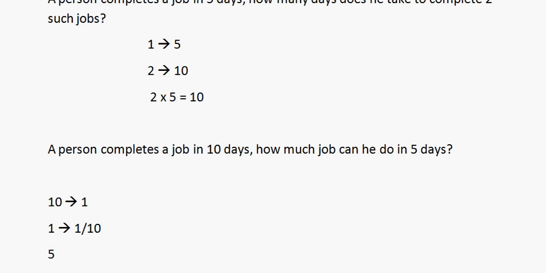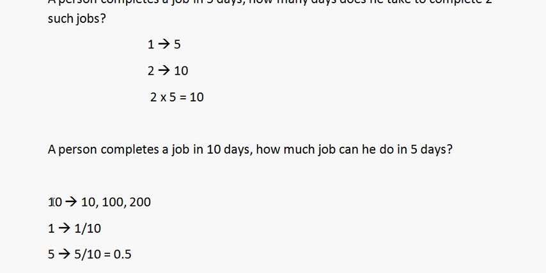And in 5 days, what would be done is 5 by 10 or 0.5, right? So this is again a simple application of chain rule. Now here we take the total job as 1, right? We could also take total job as 10 or 100 or 200 or any number, right?